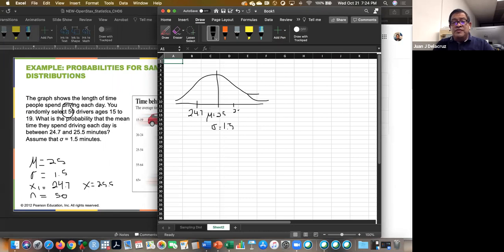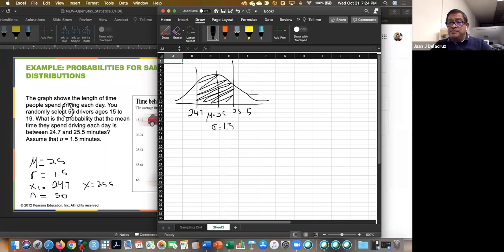So that's the question. Find the area under the curve that shows these values. And the formal question is, what is the probability that a person who I know drives 25 minutes on average is going to be driving between 24.7 and 25.5?